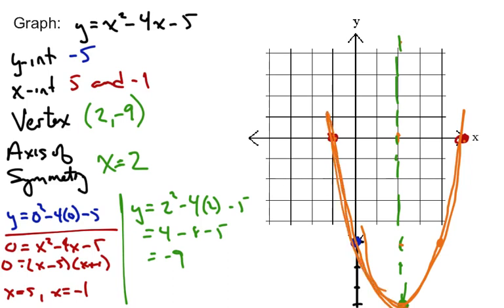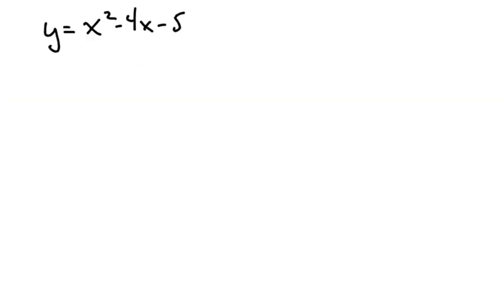I want to talk about finding this vertex again. Let's just look at the equation and find the vertex for a second. When we're given an equation like this, we can find the vertex by using a special formula. The x-coordinate of our vertex is going to happen at -b over 2a.